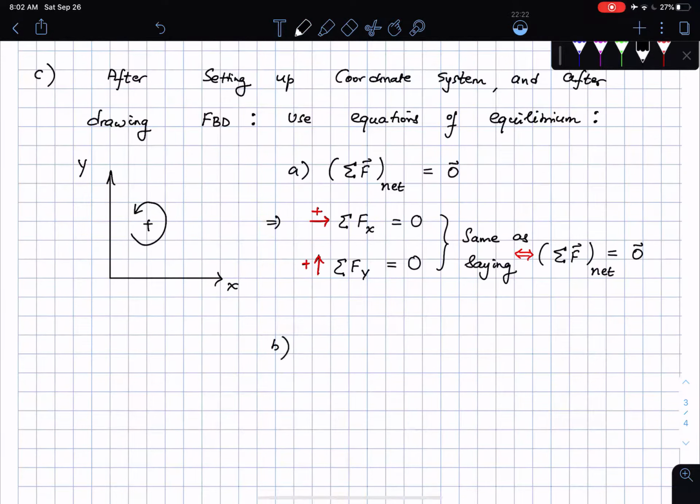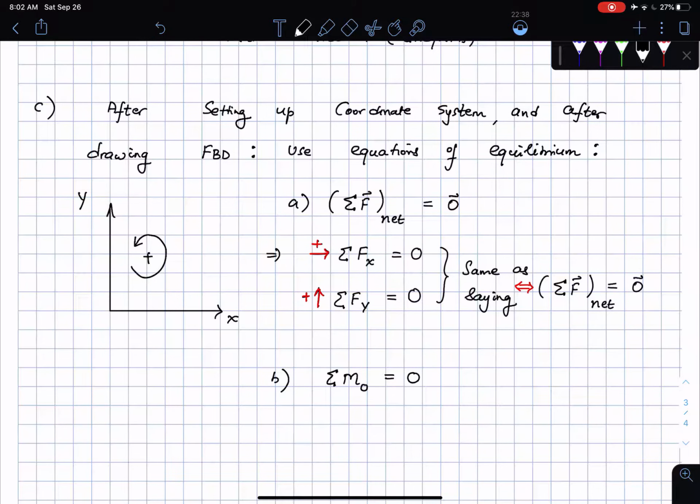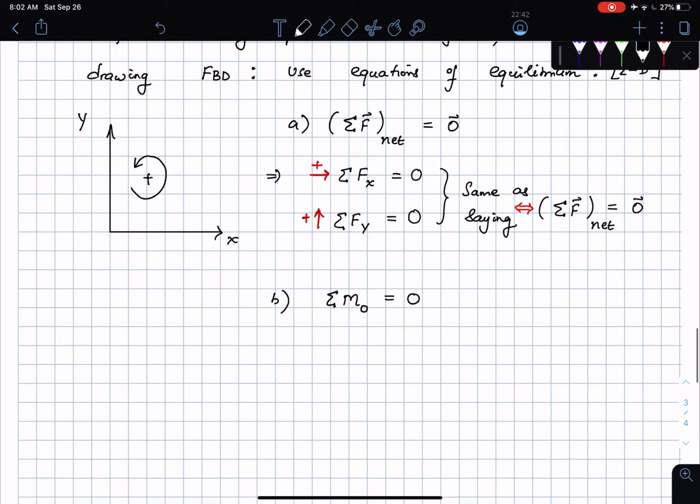The second equation of equilibrium is that the net moment about any arbitrary point on the body will be set to 0. Because I'm doing it from a 2-dimensional perspective, let me make that statement here. So this is 2 dimensions. If I'm saying the net moment is 0, I'm going to draw a small swirly arrow here which says that all the moments that are counterclockwise are taken to be positive.